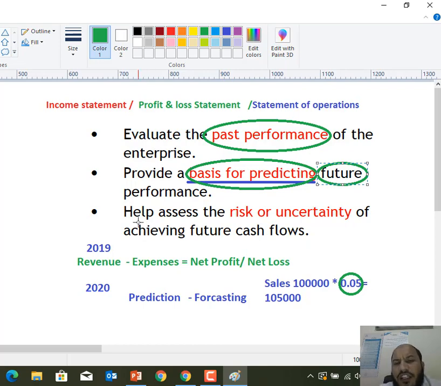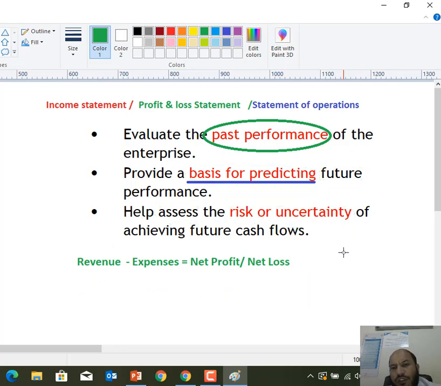Third, this income statement will help us to assess, to evaluate, to analyze the risk and the uncertainty of a business, and the uncertainty in the future cash flows of the business.